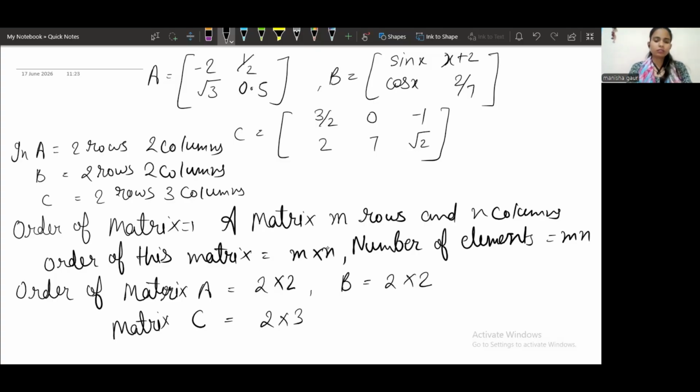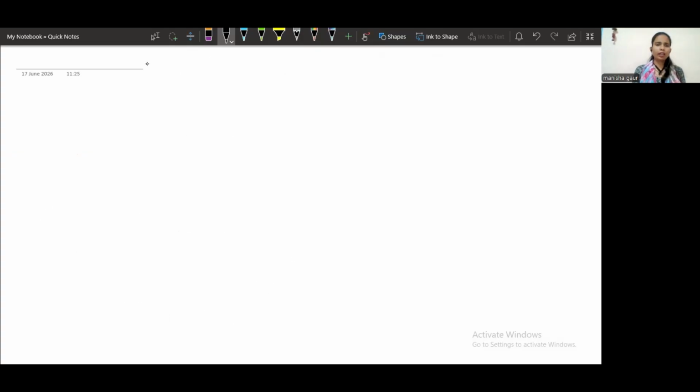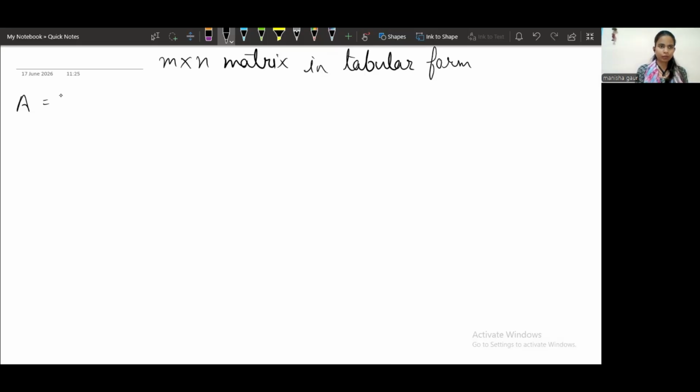Okay. Now, if we convert our m cross n matrix in tabular form, then how will we convert it? Suppose the matrix is A. Our first element, suppose a11, a12. Why 1? Because we are representing first row and first column.